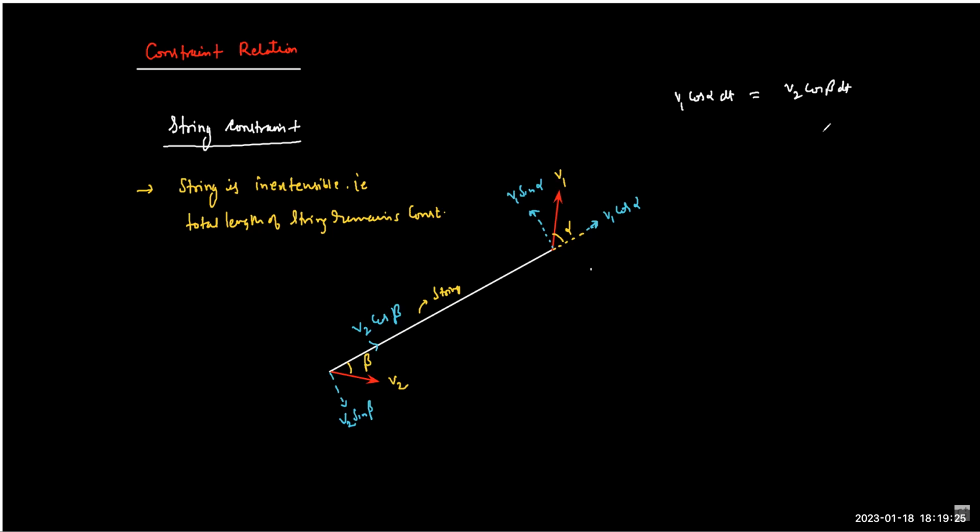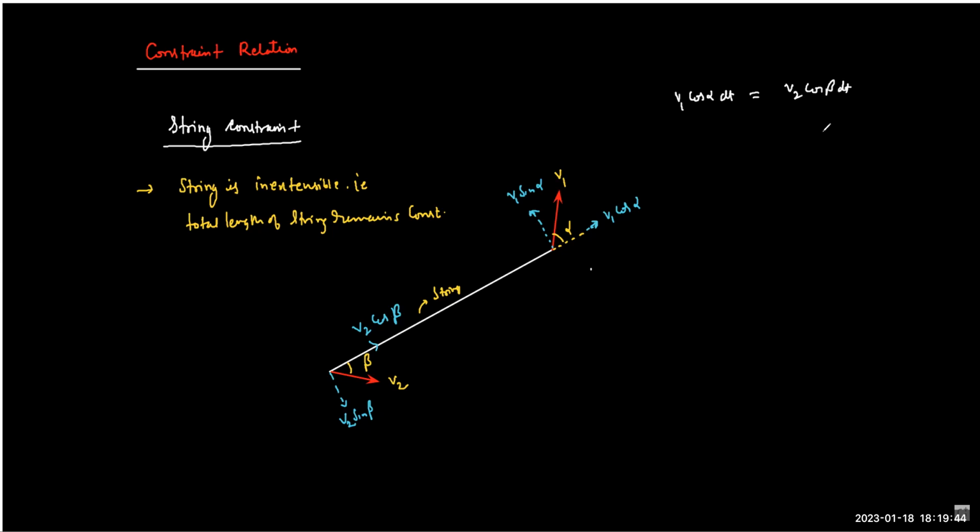It is simply an equation which relates the velocities of moving masses which are connected to each other by a taut string, or which are in contact with each other.